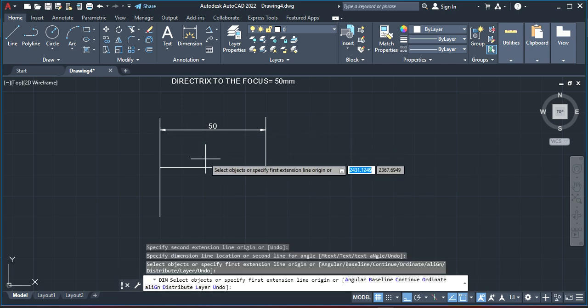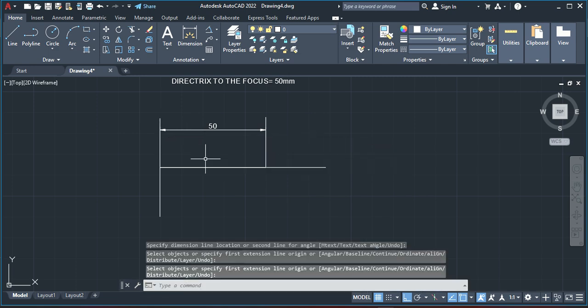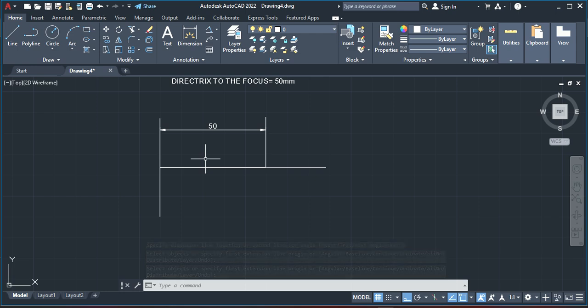Equal parts means, for a parabola, E should be 1, that is 25 divided by 25. It means we want a midpoint here for 50, so that you can directly take it from this option. Okay, so this is a midpoint.